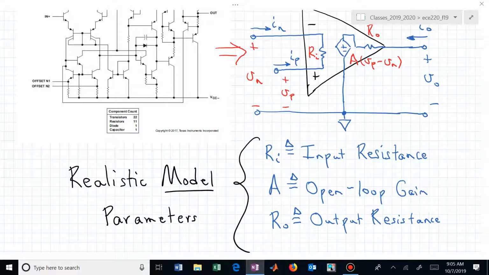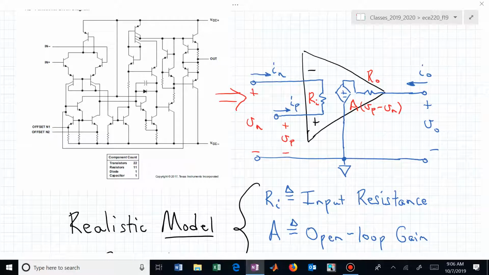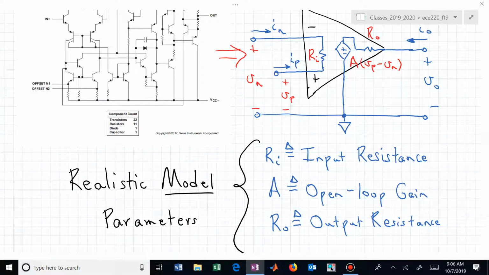And we have an output resistance that isn't that big, maybe in the teens or hundreds of ohms. We can model this complicated mess of a circuit with a more realistic model and interconnect it with the external resistors and eventually capacitors that we'll talk about in the future.